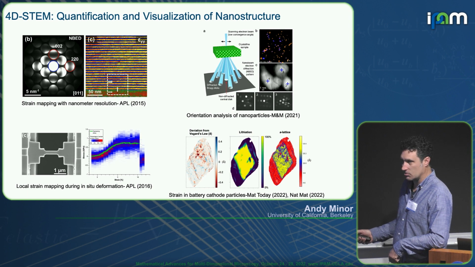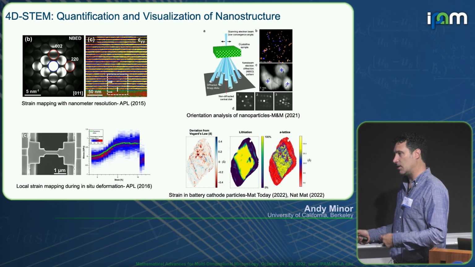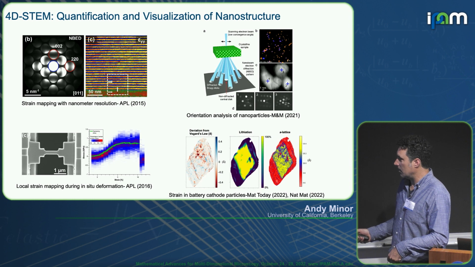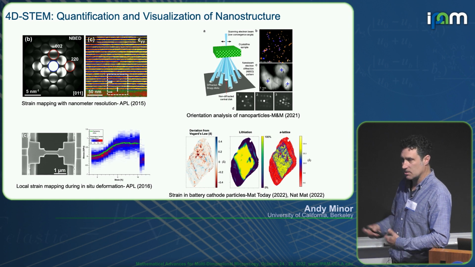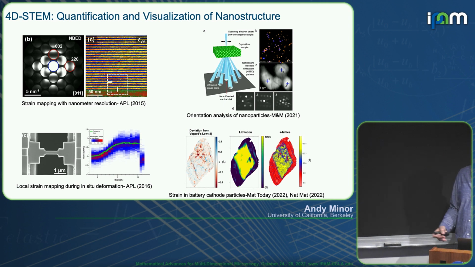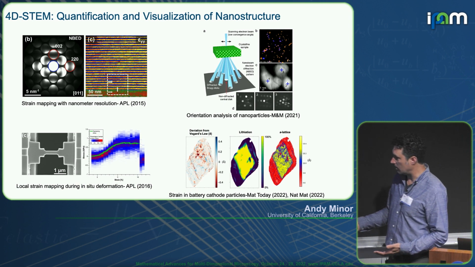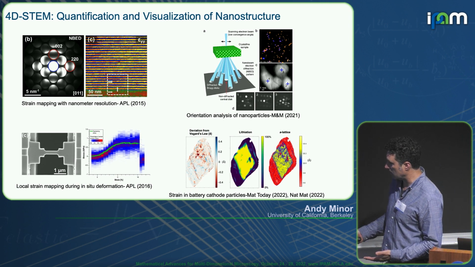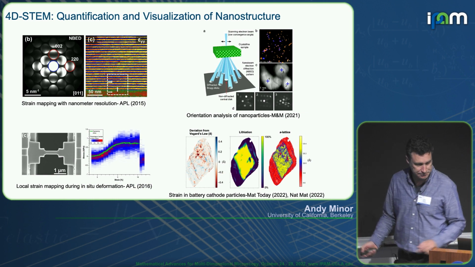So we took the same particles from the synchrotron at the ALS over to NCEM and calibrated essentially Vegard's law, how the lattice parameter changed with composition as this battery nanoparticle was being cycled, lithium going in and out. So this is, again, a length scale where there's something going on, and it's really hard to quantify it without something like 4D STEM.